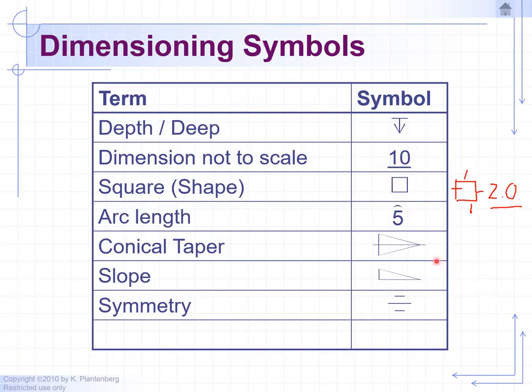Also, we're not going to use the following, but in some cases you're dealing with conic shapes. When you're dealing with conic locators, for example, when you have a cone fitting inside its opposite shape, we're going to use a conical taper symbol to dimension it. Next one, we have slope, which you see a lot in architecture.